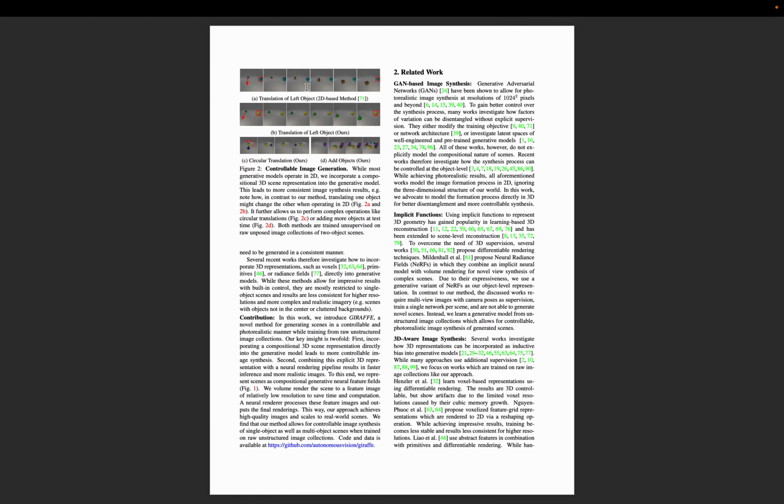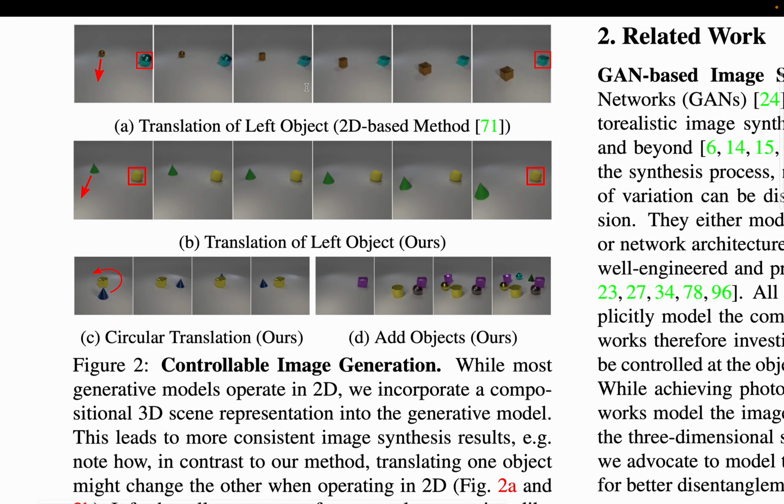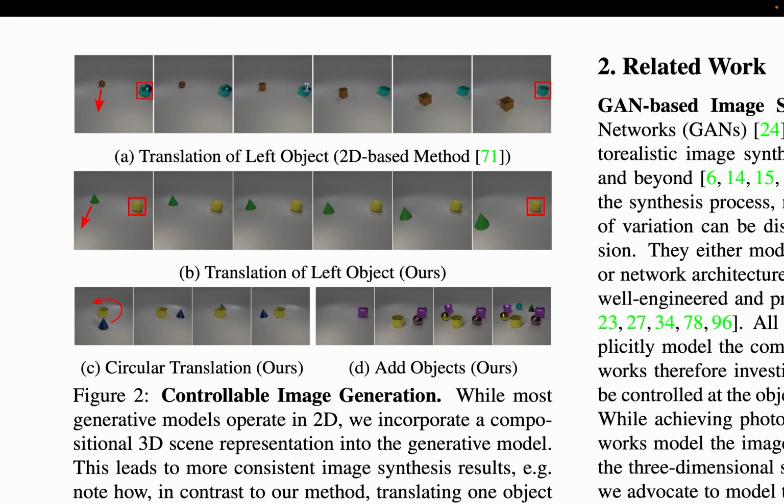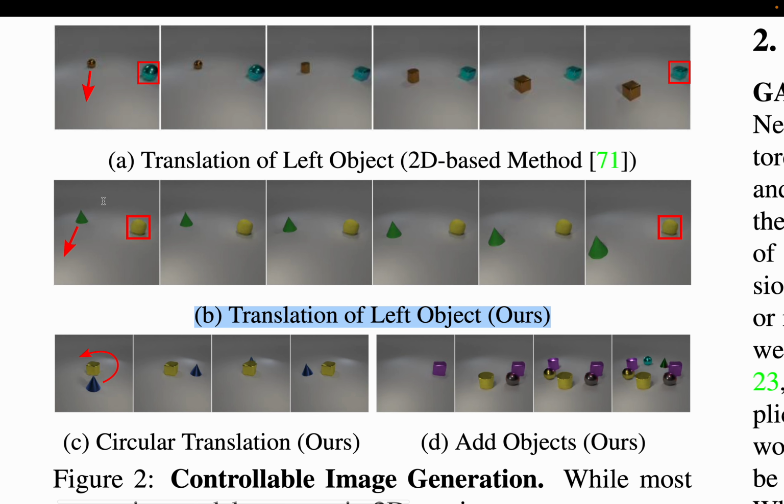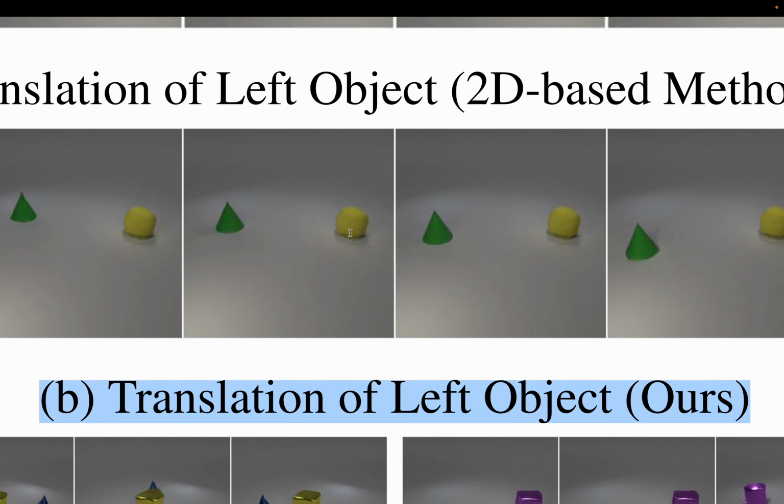Of course we're going to review some examples of what I've mentioned about the controllability of the 3D scene that you generate. Here they're comparing to another method, but what really interests us is the result. For example, here they've generated a scene, and by playing with the latent variable that controls this 3D object, this cone, they can move it to control its position and keep everything else fixed.